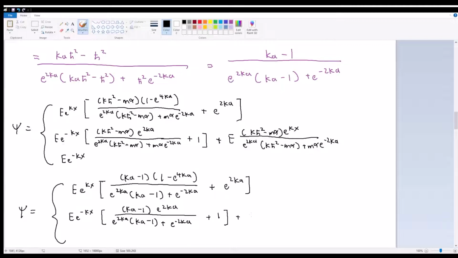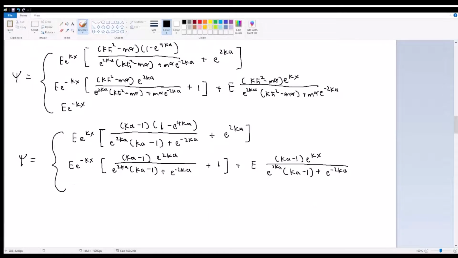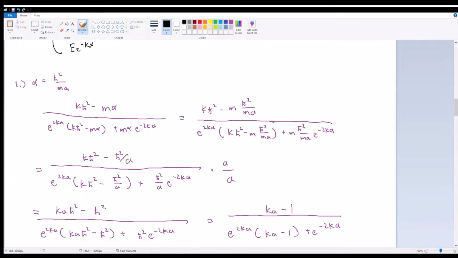And then we add e times (ka minus 1) e to the kx divided by e to the 2ka times (ka minus 1) plus e to the negative 2ka. That's the middle term, and the final term is just e times e to the negative kx. So this is for the case of 1.